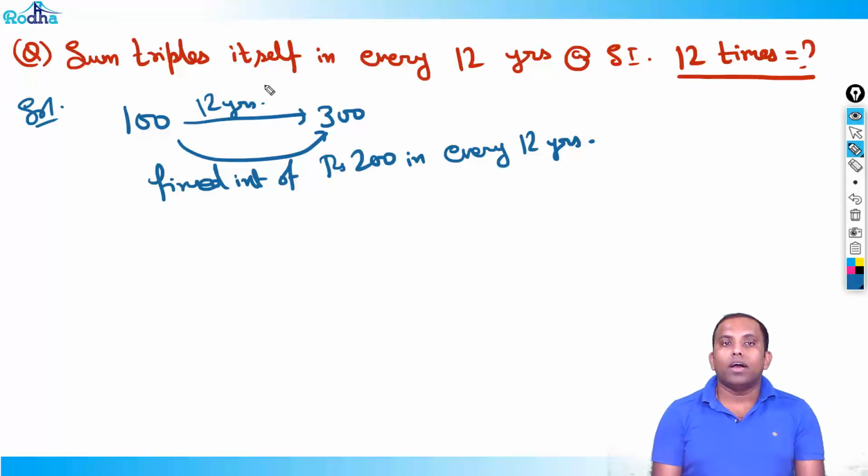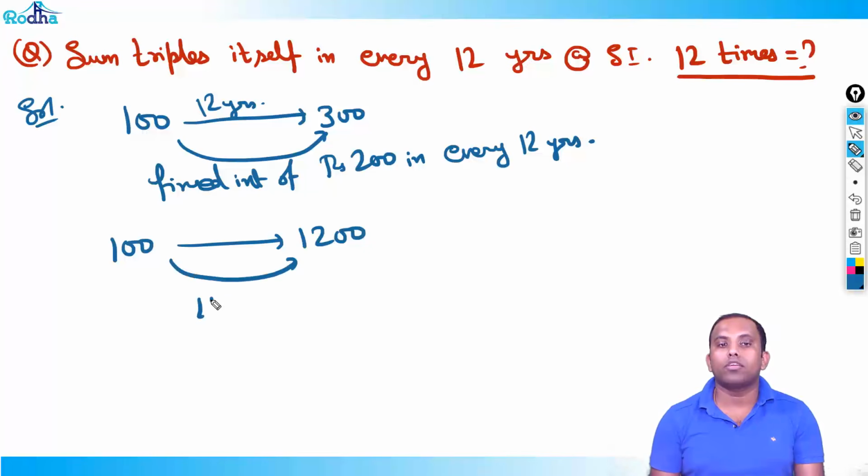So a sum triples itself in every 12 years. In how many years will it be 12 times? So I want that amount to become from 100 to 1200. So I want the bank to give me interest of 1100 rupees. The bank is giving me 200 in every 12 years. That means 100 in every 6 years.